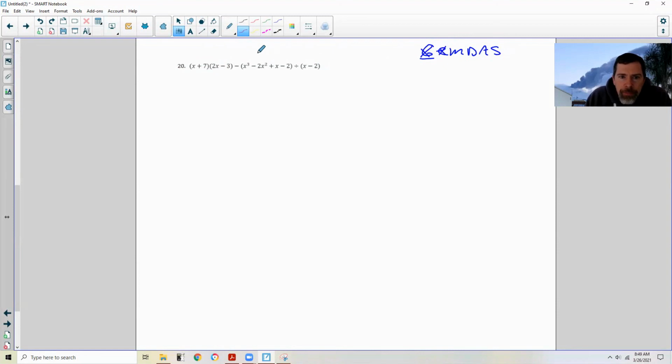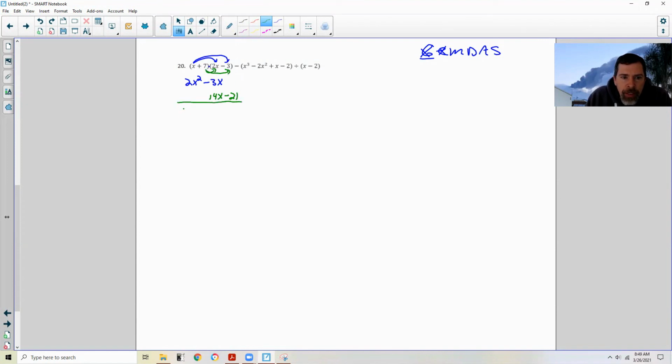Multiply. Okay, so the first thing I'm going to do is this multiplication here. X times 2x is 2x squared. X times a negative 3 is negative 3x. 7 times 2 is 14x. I'm going to line up my like terms. 7 times a negative 3 is negative 21.